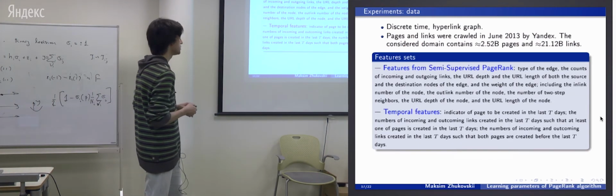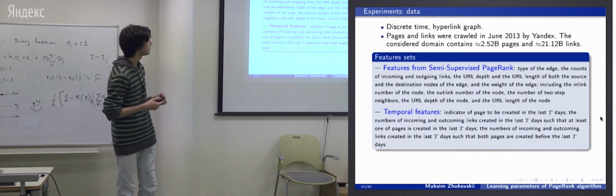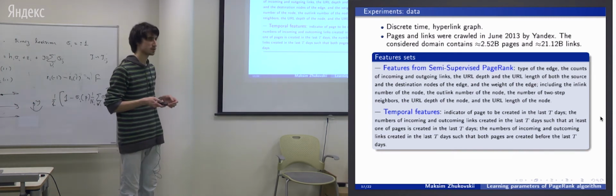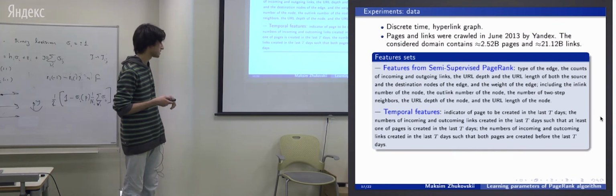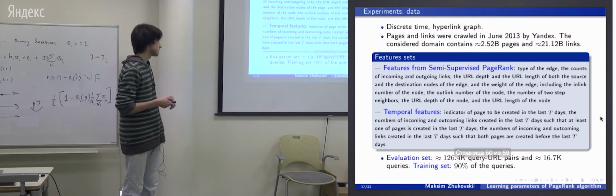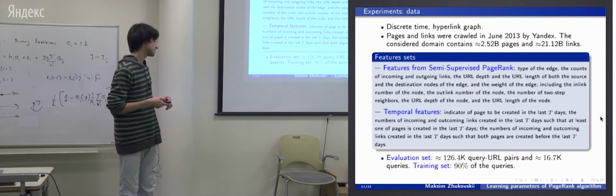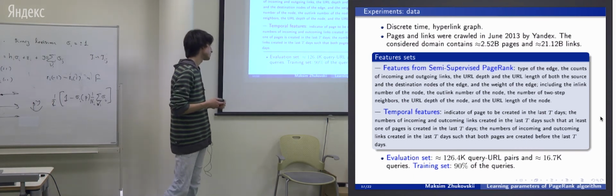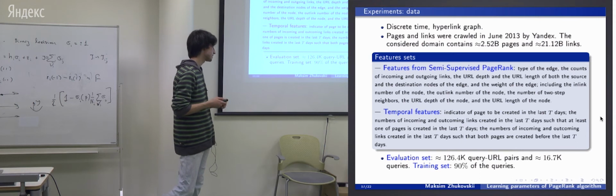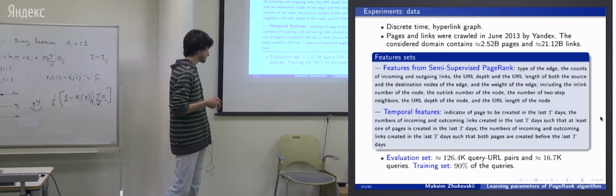And we consider two different feature sets. The first one is the feature set that was considered in the paper called semi-supervised PageRank, and the second one is temporal features. And our evaluation set contains 127,000 query page pairs and approximately 16.7 thousand queries.